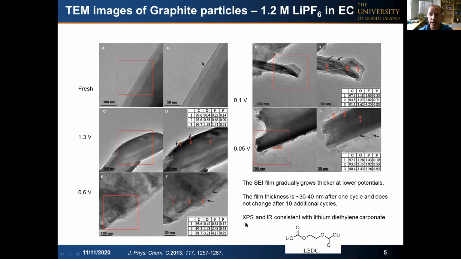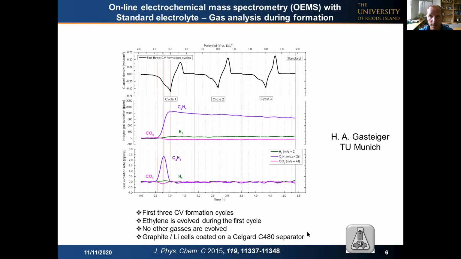And from a combination of XPS and IR spectroscopy, the composition of this solid electrolyte interface is predominantly lithium ethylene dicarbonate, LEDC, along with lithium fluoride. Now, in some collaborative work that we conducted with Hubert Gasteiger at TU Munich, we conducted some online electrochemical mass spectroscopy of these same electrolyte formulations, LiPF6 and pure EC.